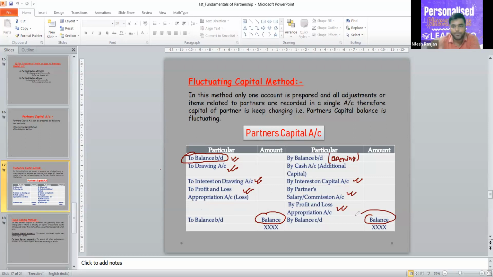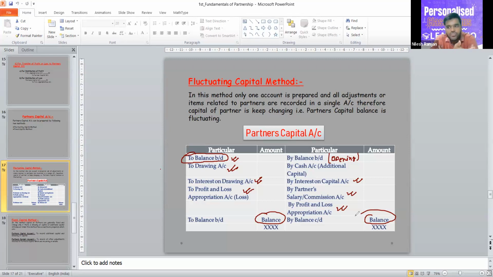But sir, how do we know that interest on drawing will come on the debit side and interest on capital will come on the credit side? Tell me one thing. If you are paying interest on capital, capital will increase or decrease? It will increase.